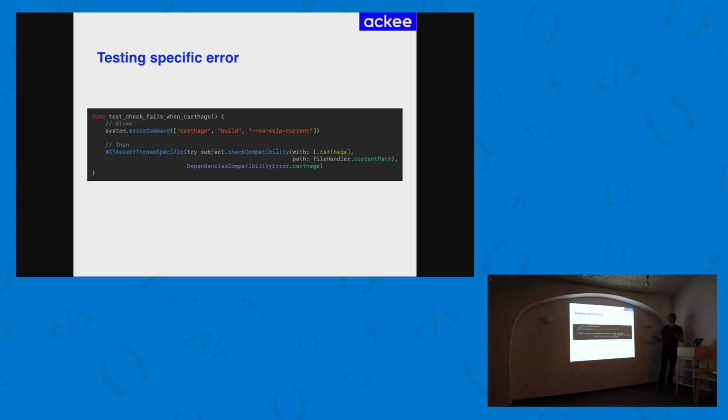Then when we test for a specific error, we get to touch the mock system we defined just earlier. We stub the command using a simple convenient function, and we expect these three parameters to be run from this function. And so we stub it with an error. And then when we actually run it, we assert that a specific error has been thrown.